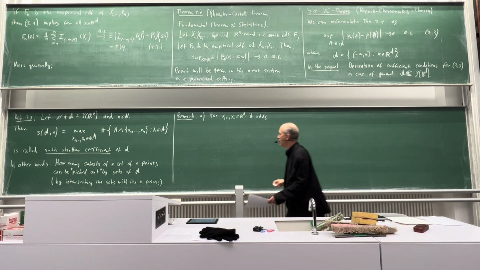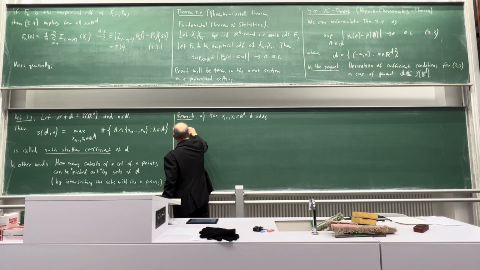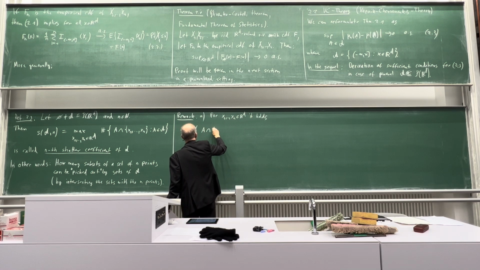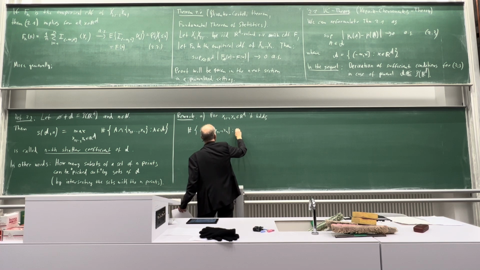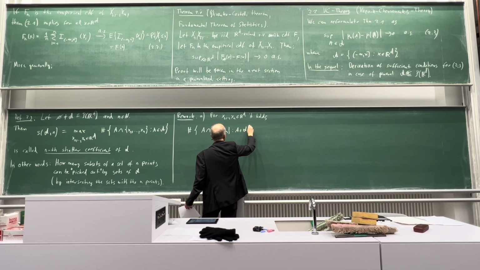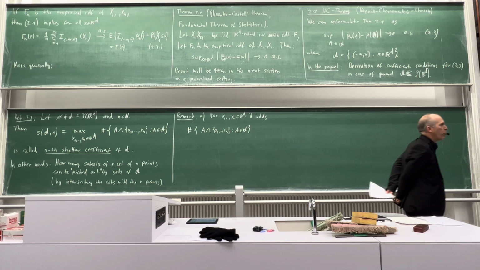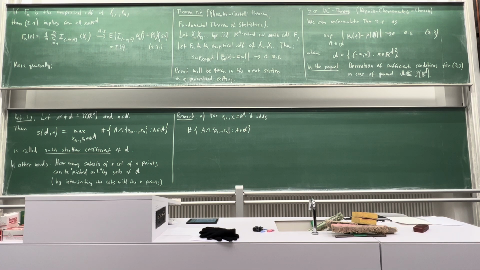And if you consider for this fixed x1 to xn the number of sets in the set A intersected with x1 to xn, calligraphic A, what are possible values for this number?